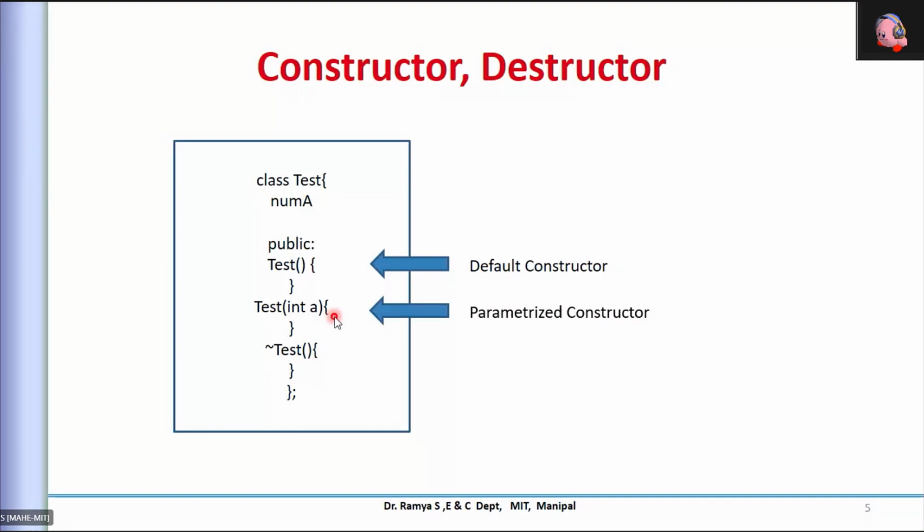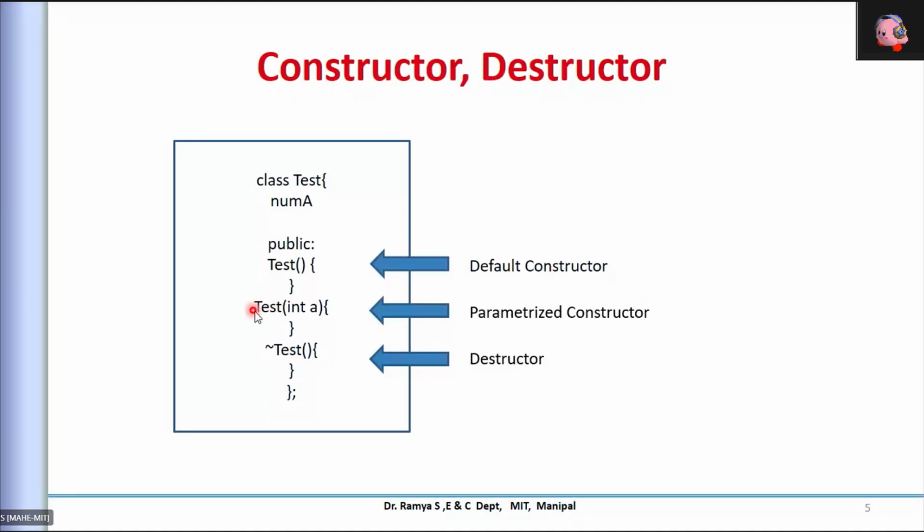There is one more concept, which is a destructor. Again, it should have the same name as the class, but it starts with a tilde, a wave kind of symbol. This makes the difference between a default constructor and a destructor.